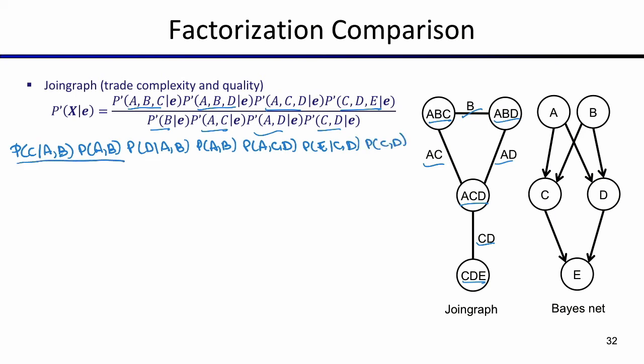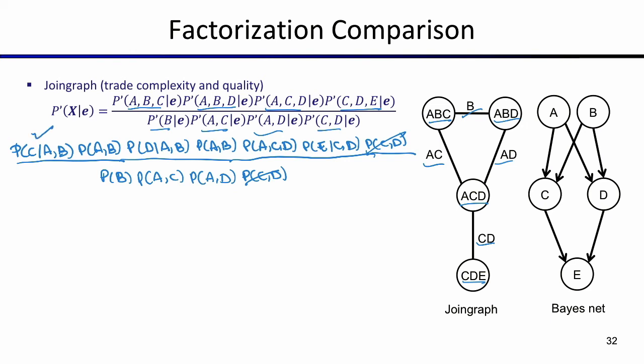And I'm going to divide this by the probability of separators: probability of B, probability of AC, probability of AD, and probability of CD. So we can cancel this, we can cancel this. There is nothing else that we can cancel, but we can eliminate some terms that we can explain with the factorization of the Bayes network. We have here C given AB, going to be this factor, D given AB going to be this factor, and E given CD going to be this factor here.